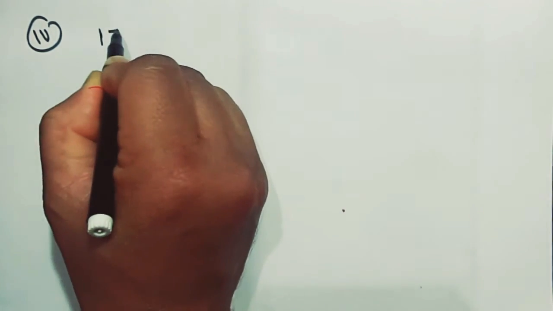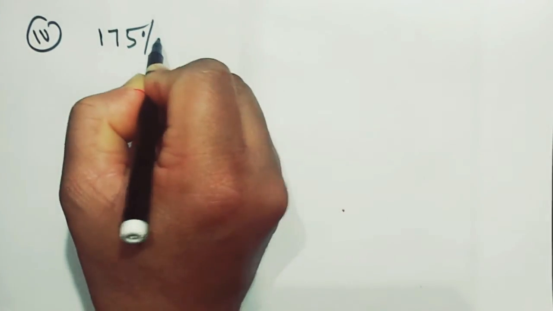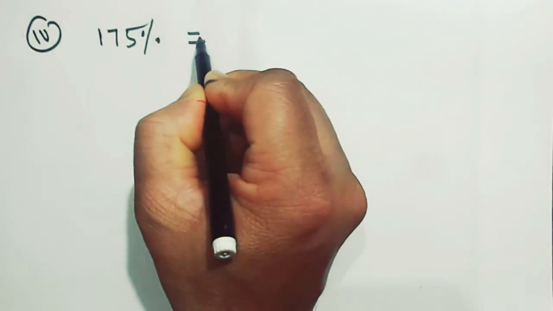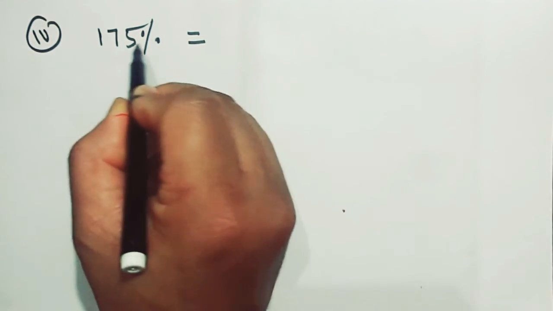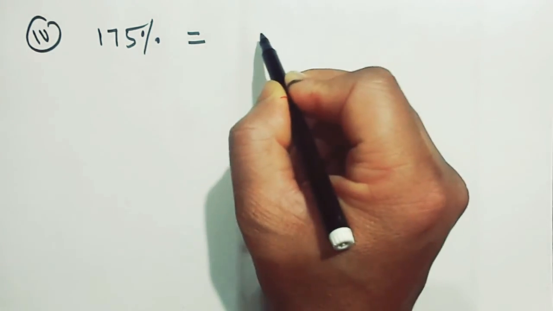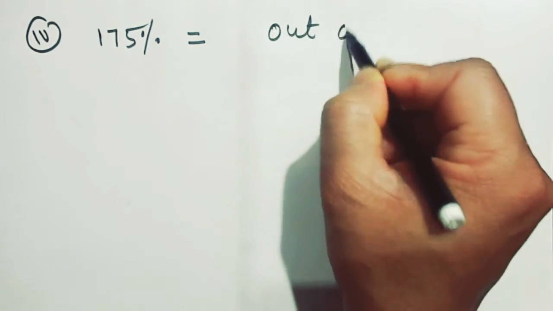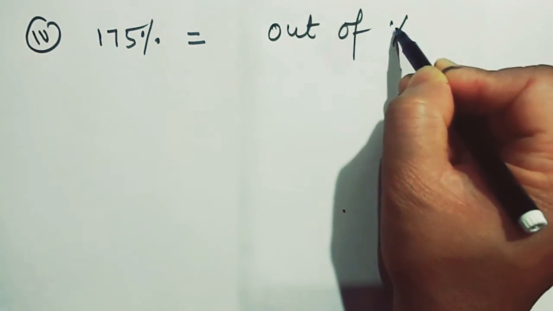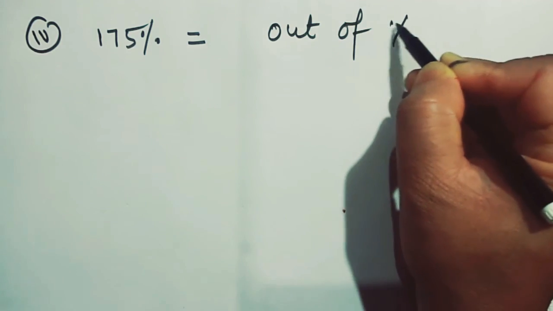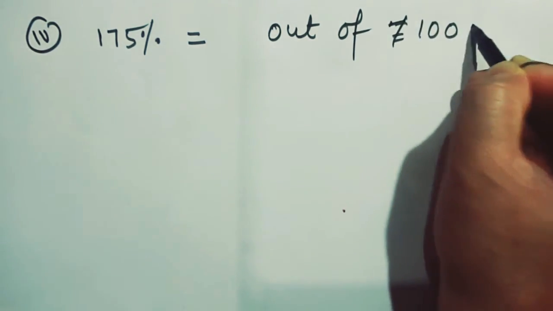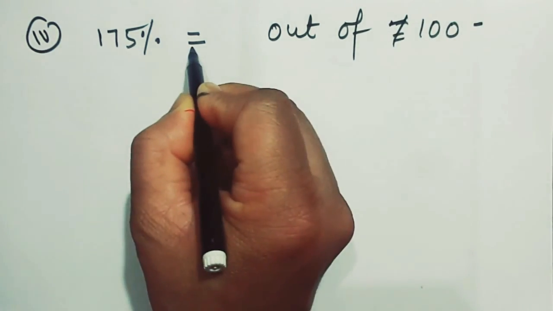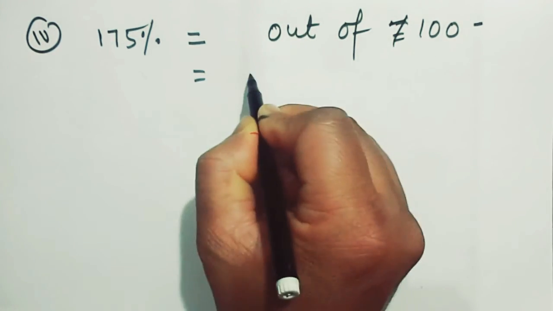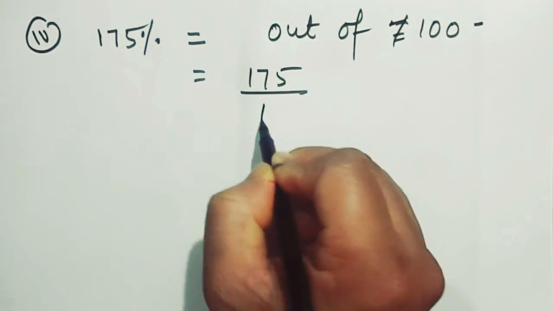For example, in number 4 we have 175 percentage. I hope now you people can do it yourself. So 175%, percent means what? Percent means out of 100. So this 175% can be written as 175 by 100.